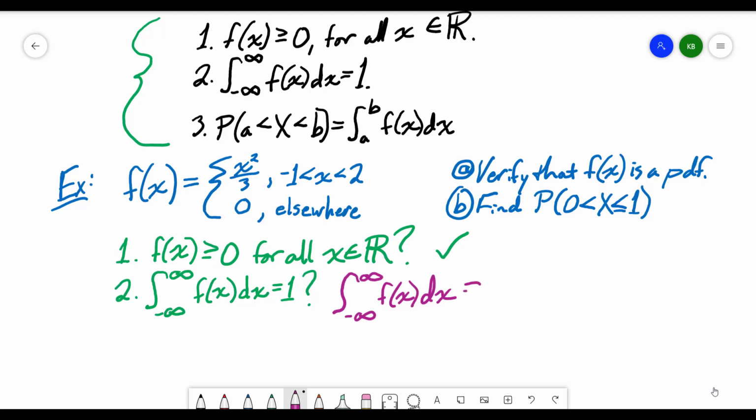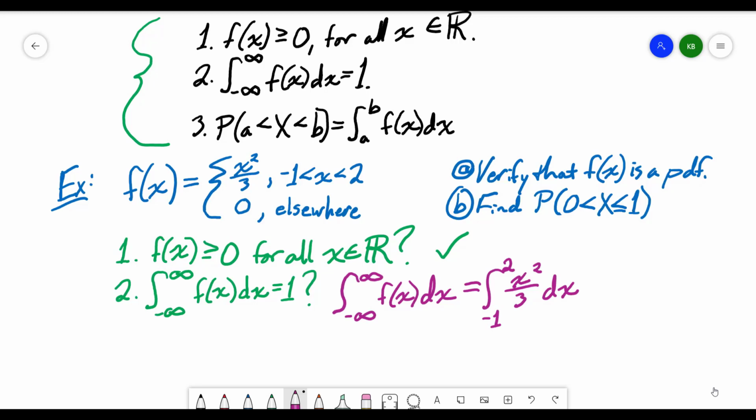So this is going to equal the integral from negative 1 to 2 on this window of values, where our function takes on the value x squared over 3 dx. And then everywhere else, our function is 0.